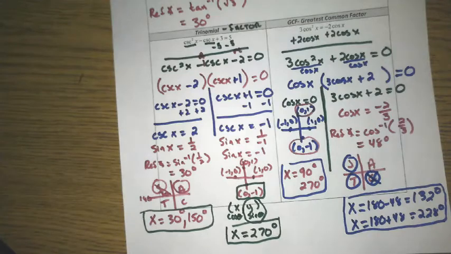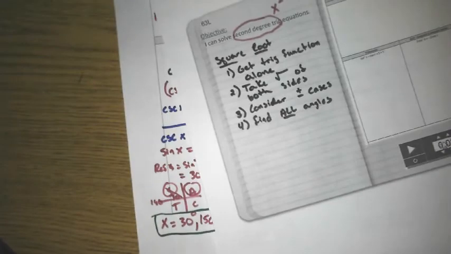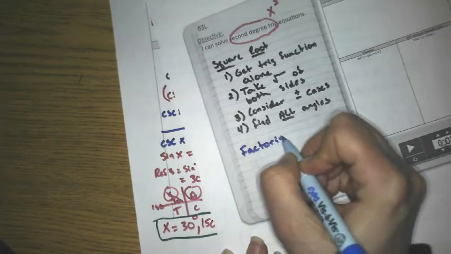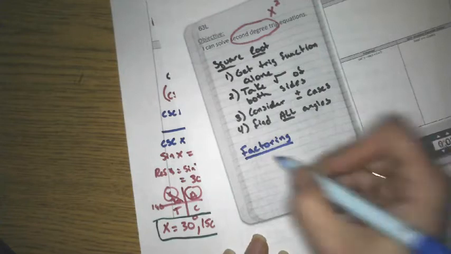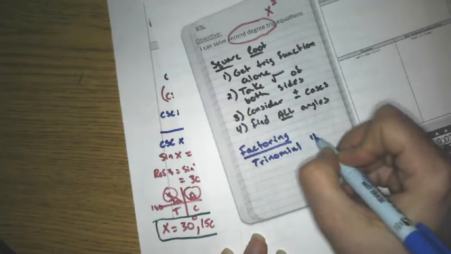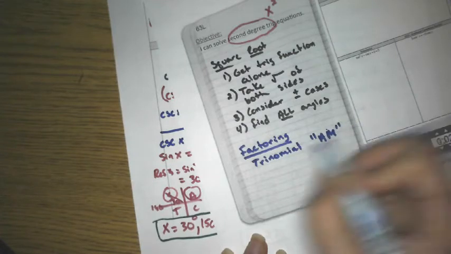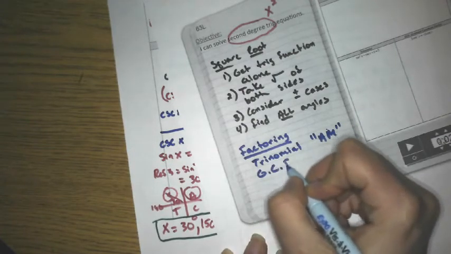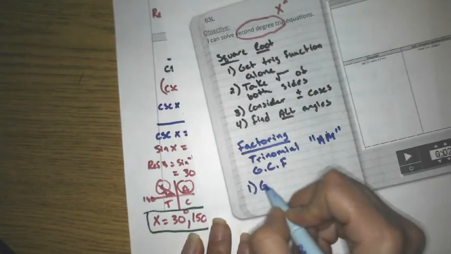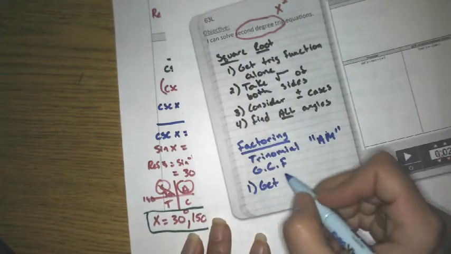All right, so if you want to go back here to this paper, if you want to think about factoring methods, when you're factoring, which can be trinomial, where you use AC, or it can be GCF, when you're thinking about each of those, you want to get your equation equal to 0.